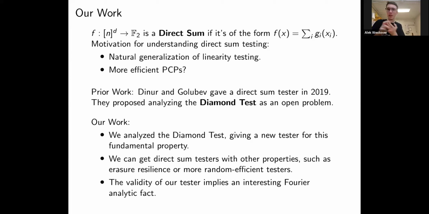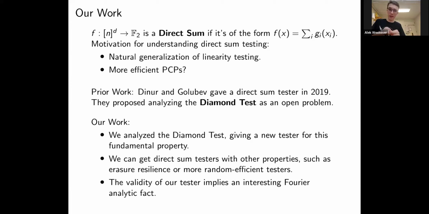But finally, I think the really interesting thing about our work is that by kind of getting a tester for this fundamental property, we're able to understand things about functions more.